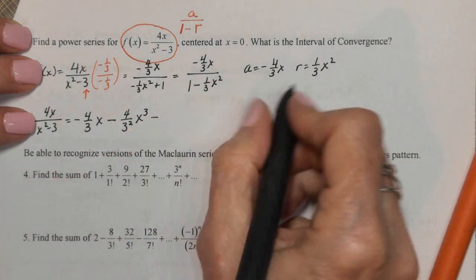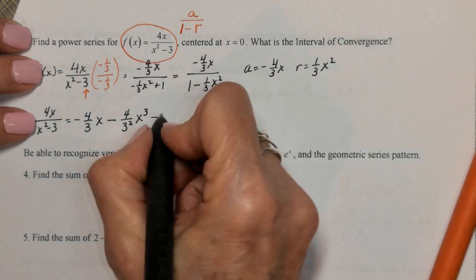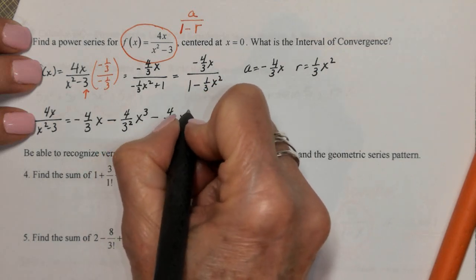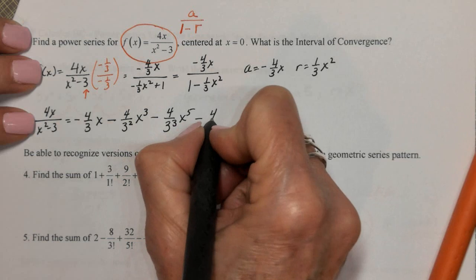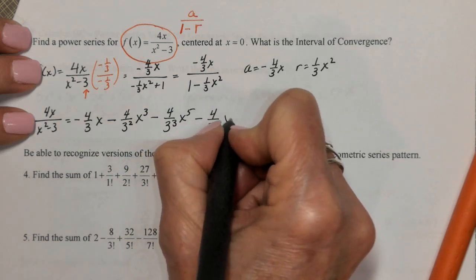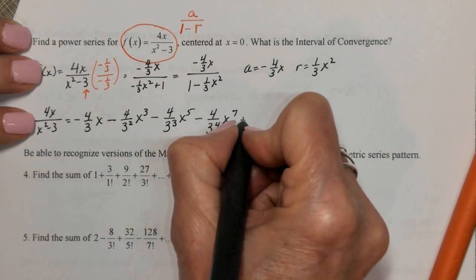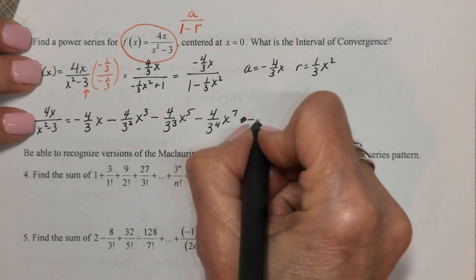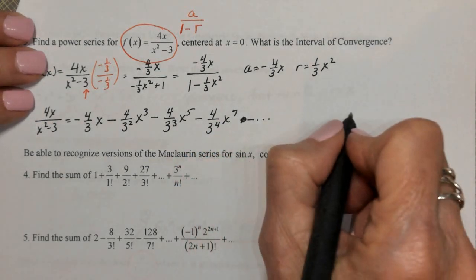The next term I multiply by 1/3 x squared, it'd be 4 on top, another 3 on the bottom, and 2 more x's. And we could keep on going if we wanted to. Minus dot dot dot.